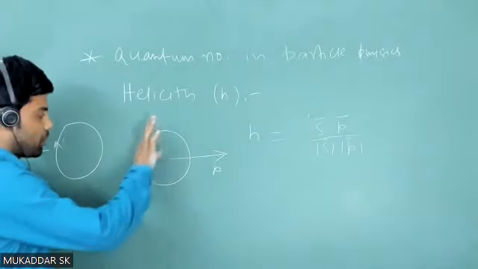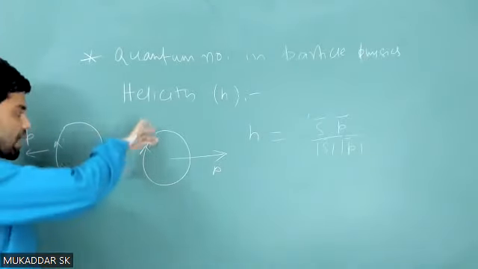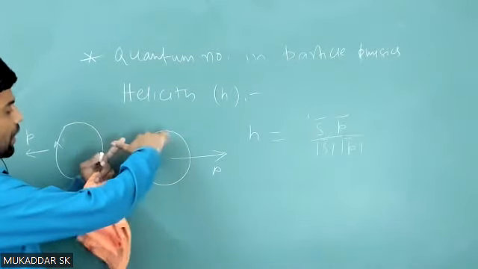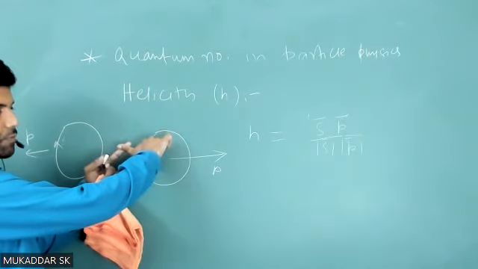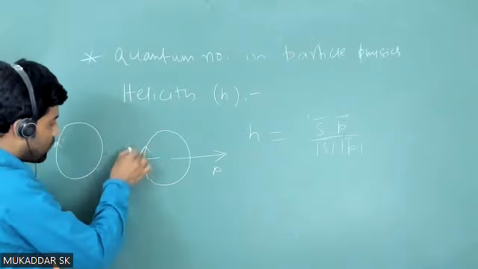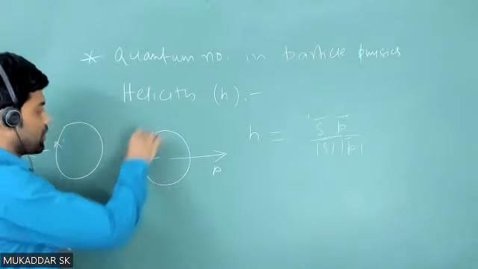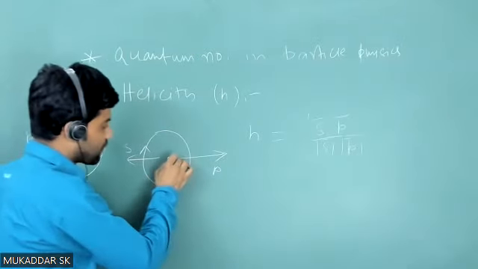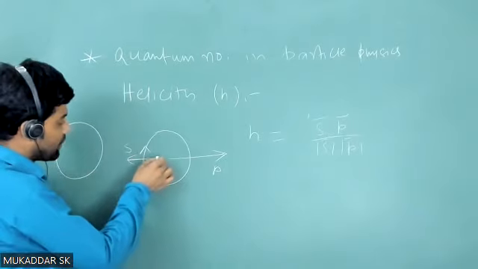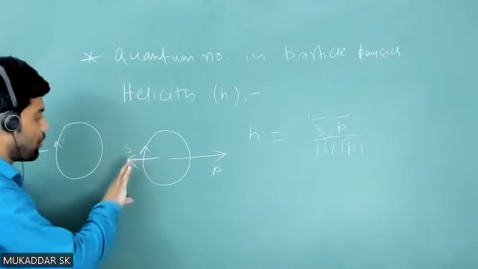So when that particle is moving in this direction or it is in clockwise direction, if you use the right hand rule, then this thumb will give the direction of spin, है ना? तो इनका direction of spin देखोगे, that will be along this direction. So if the particle is spinning along this direction and if the direction of momentum is along this direction, so actually the spin direction will be in this direction. How will you calculate?